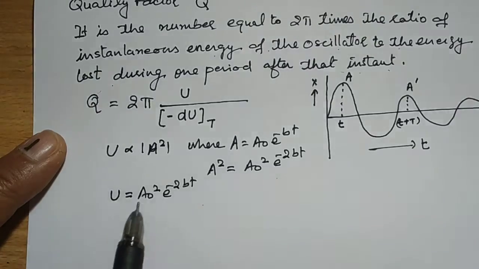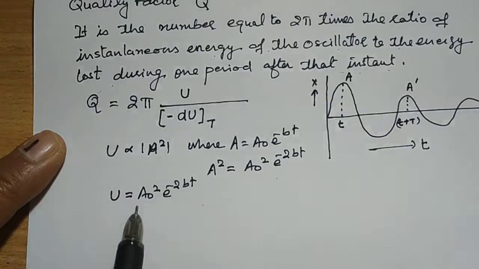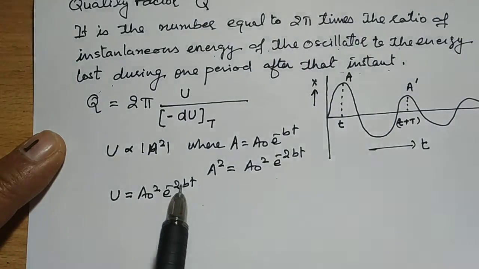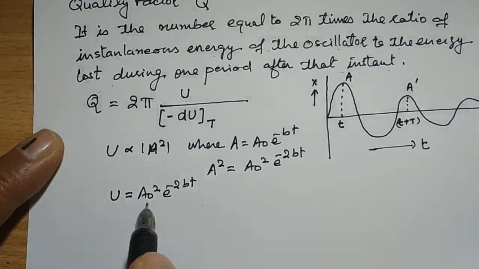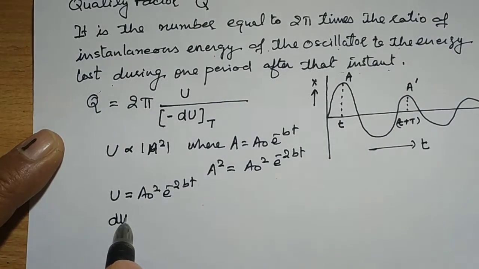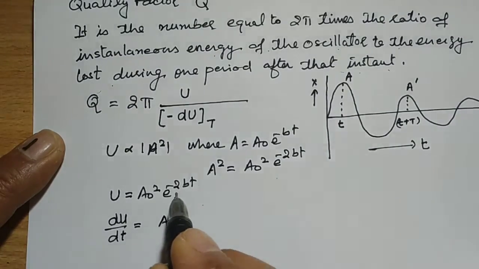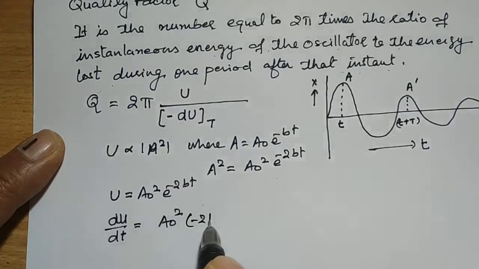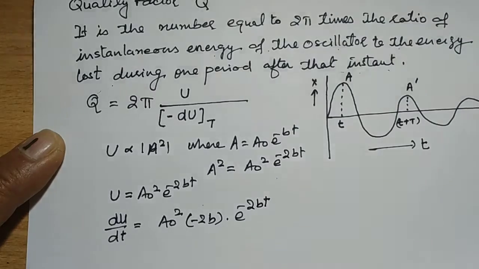In the denominator we need the change in energy in one time period, so we find it by differentiation: dU by dt is A naught squared, which is constant, times minus 2b times e to the power minus 2bt, the exponential term remaining the same.